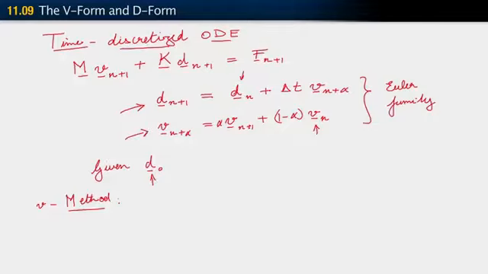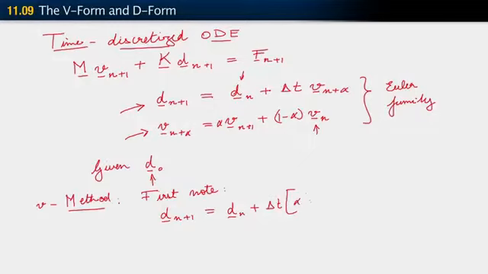Okay, we first note that we can rewrite now dn plus 1 as dn plus delta t times vn plus alpha, but vn plus alpha is also written up for us here.